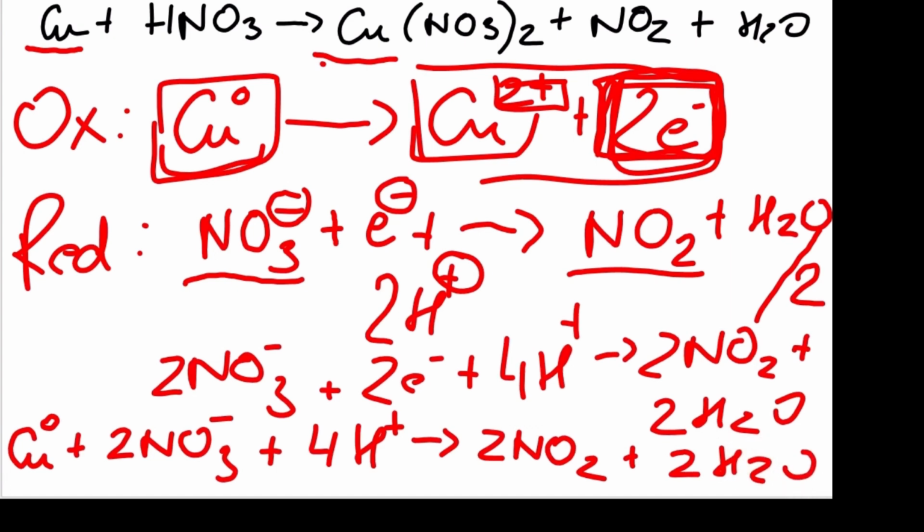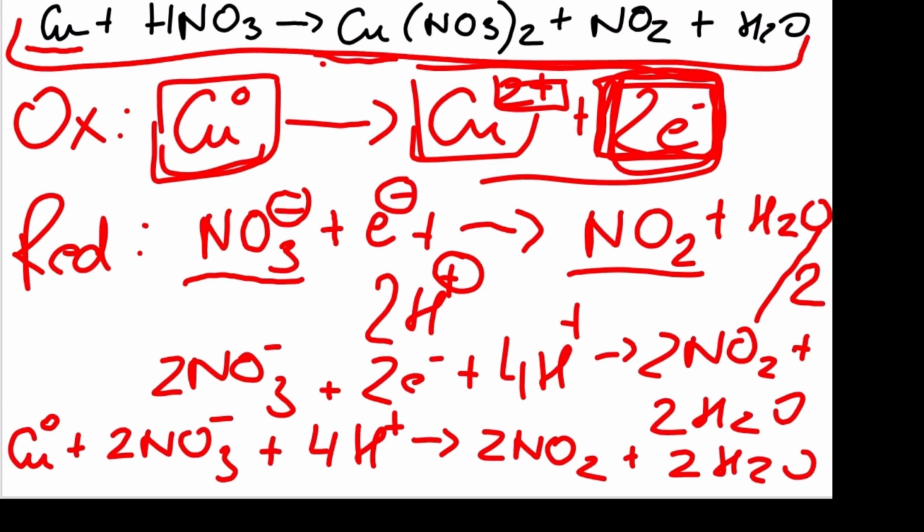Once again, please be aware that this overall reaction concerns only specimens that take part in the redox reaction, so specimens that change their oxidation states. So we can now fill in the coefficients of the main molecular reaction.